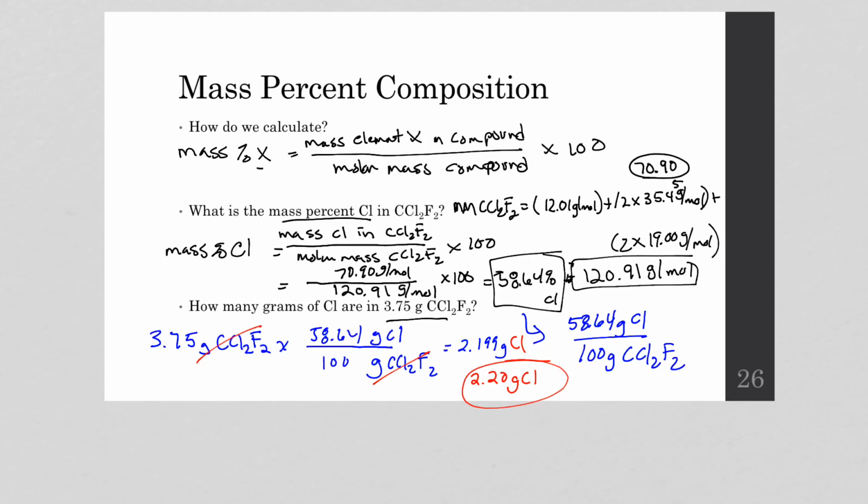Now, if you're more comfortable, you could also do the calculation like this, just as an alternative. I could take my grams and just multiply by the percentage. So I'm going to write it as a fraction here, since I know that it's my percentage.